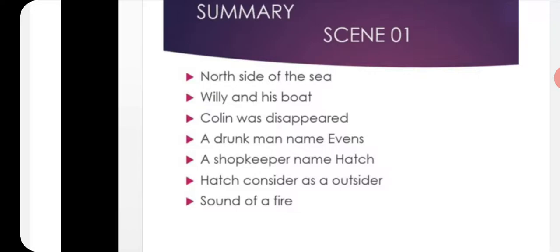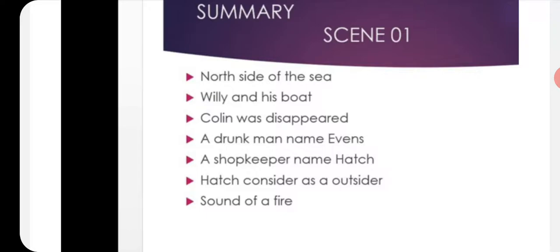Willie is on board the boat with his friend Colin. Colin is about to drown and Willie is trying to save him. Meanwhile, he comes to the seashore, and he sees that Colin has disappeared.